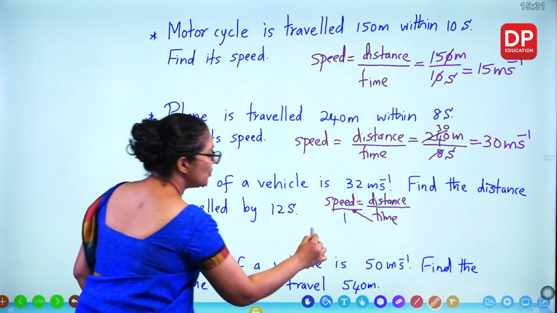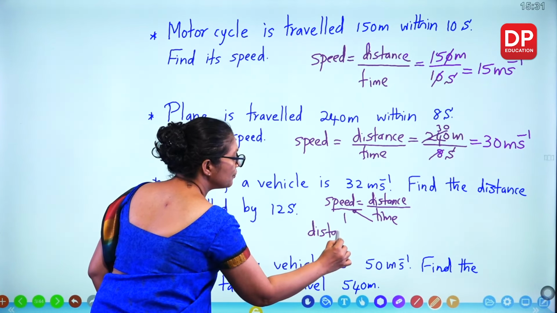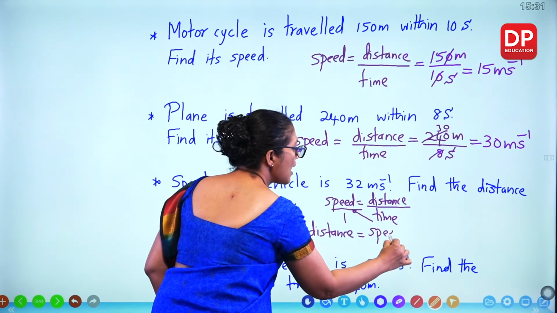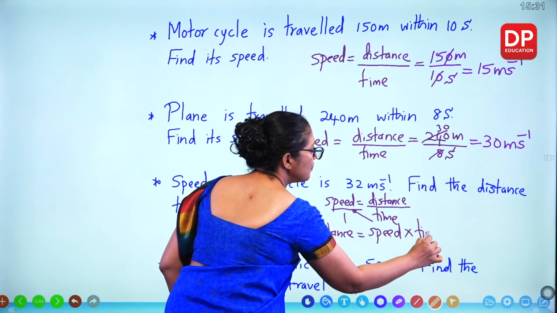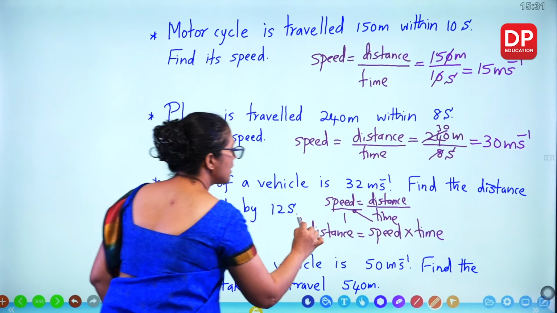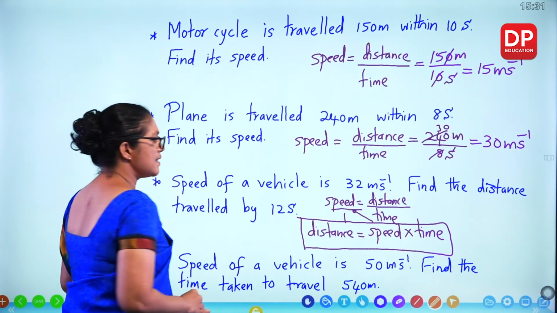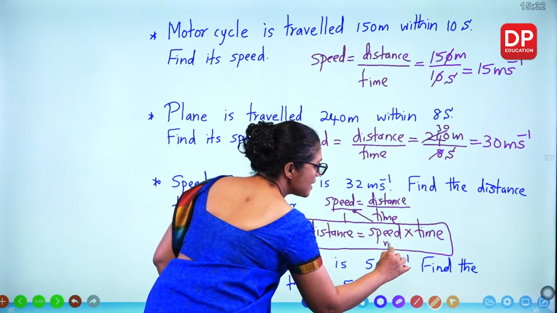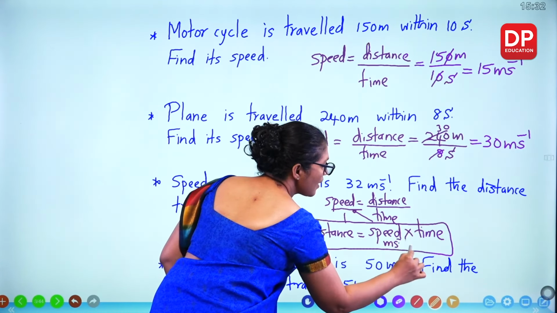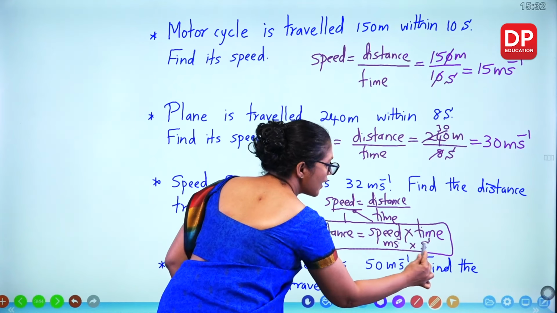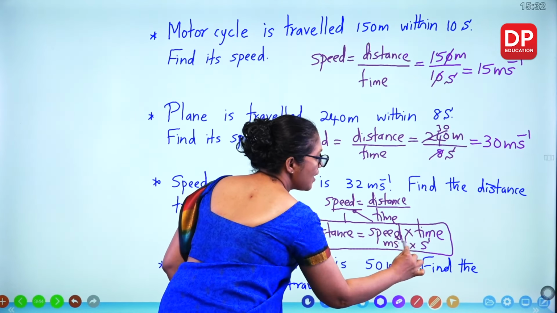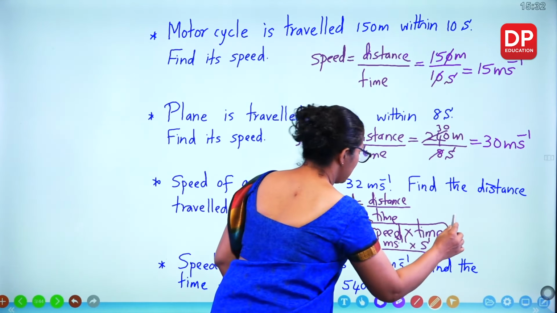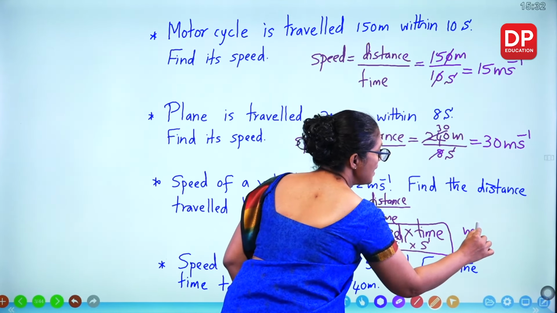Distance is equal to speed times time. So now we got another formula for distance. If you take the units, this is meters per second and this is seconds. Can you see? Seconds minus 1 and 1 get cancelled out and you get the distance in meters. So the unit for distance is meters.